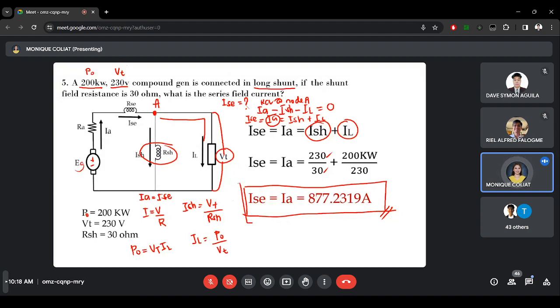When there is no box, wala kayong sagot. No points, no answer. Yun pong mga problems, wala po yung circuit. You're the one to draw the circuit. Any question regarding to this?